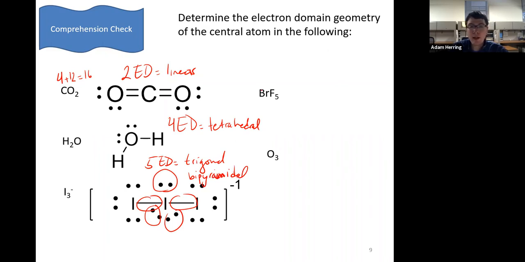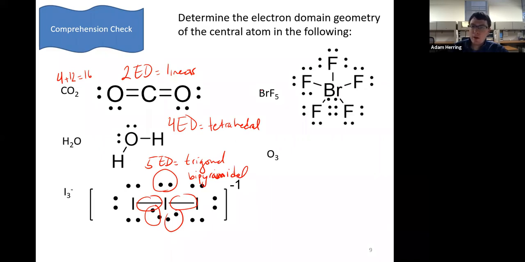Boron pentafluoride would give you this structure. Note that it has a single set of lone pair electrons on the bromine in addition to the 5 bonds. This means we have 6 electron domains, and this would be octahedral.